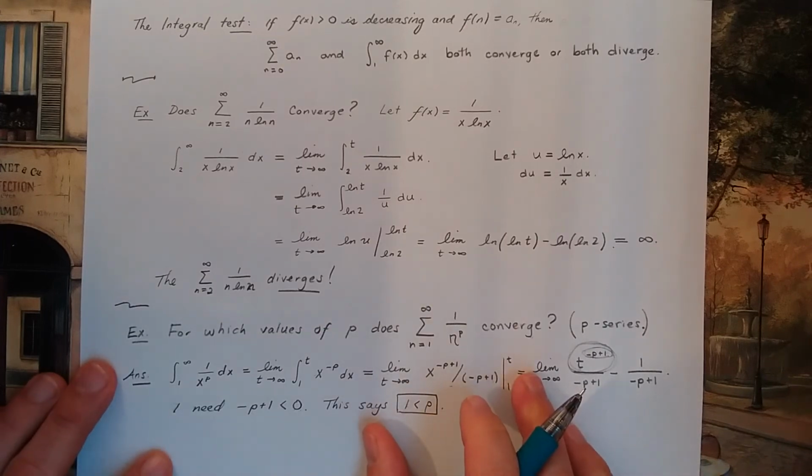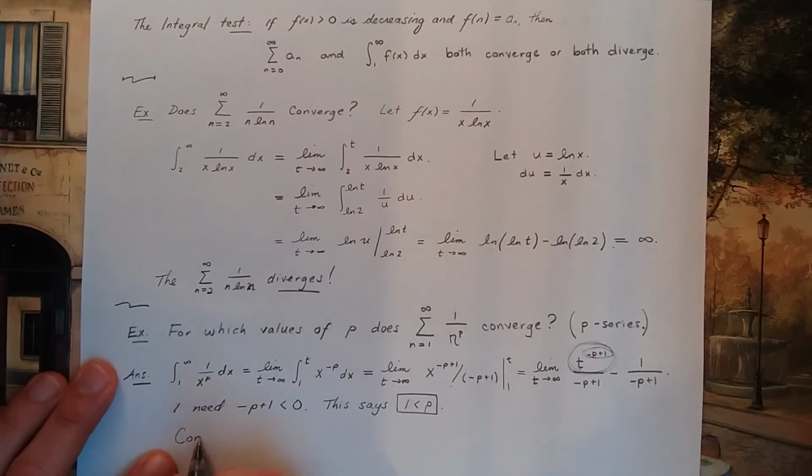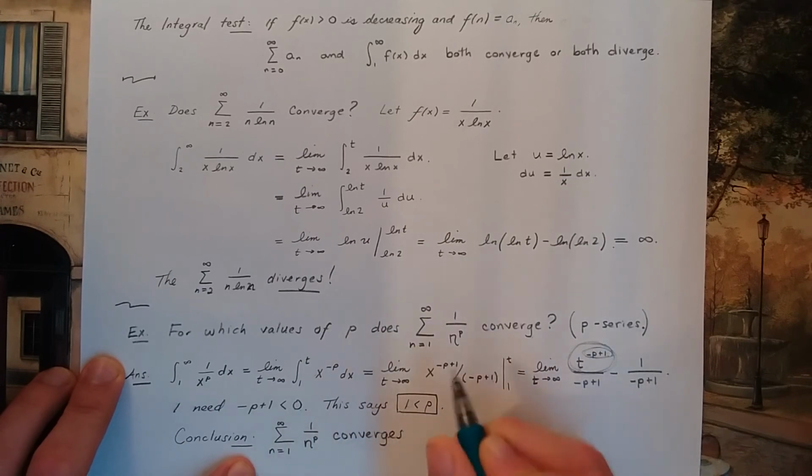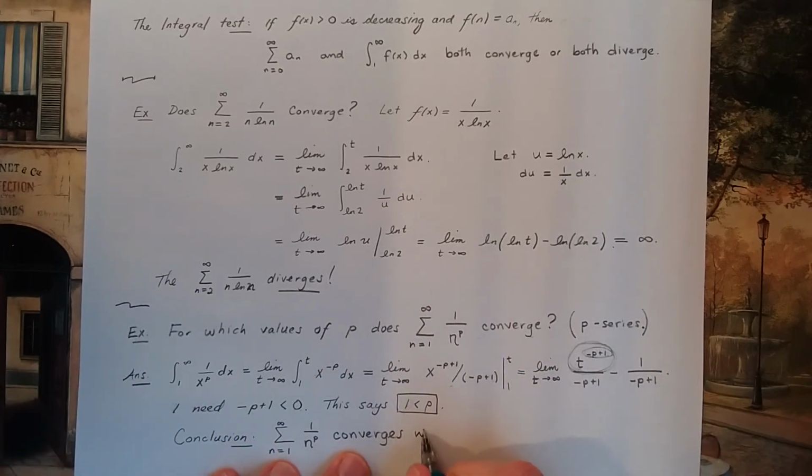So what's the conclusion? Conclusion. This sum, n going from 1 to infinity, of 1 over n to the p power, converges when p is bigger than 1.